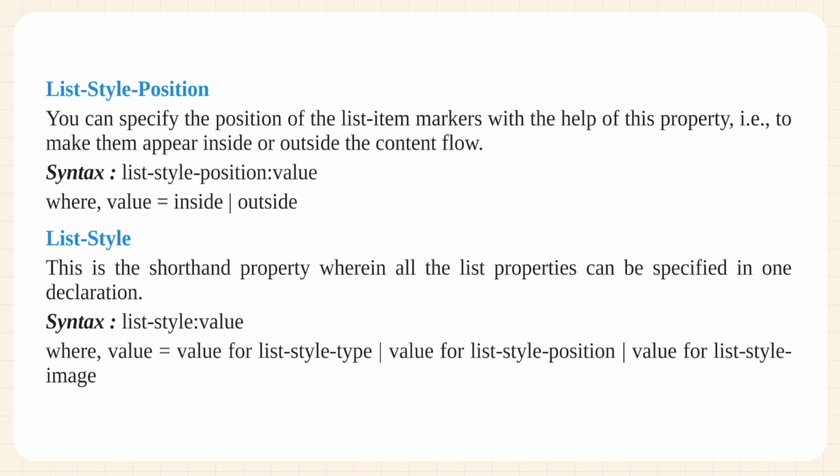Syntax: list-style-position: value, where value is inside or outside. List-style: this is the shorthand property wherein all the list properties can be specified in one declaration. Syntax: list-style: value, where value is the value for list-style-type, list-style-position, or list-style-image.